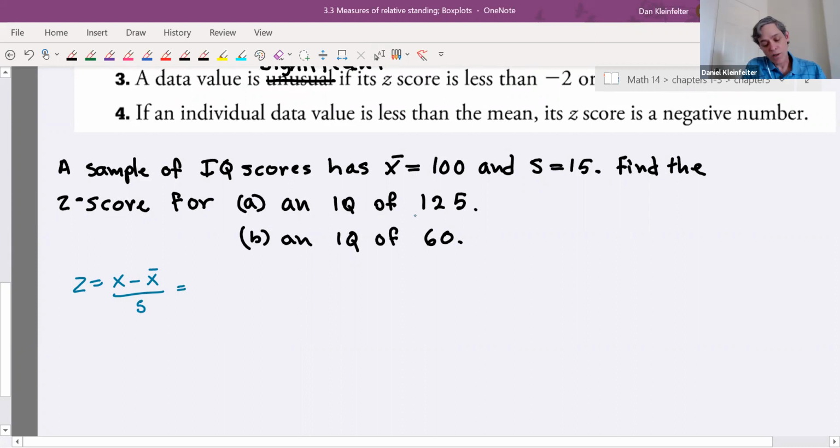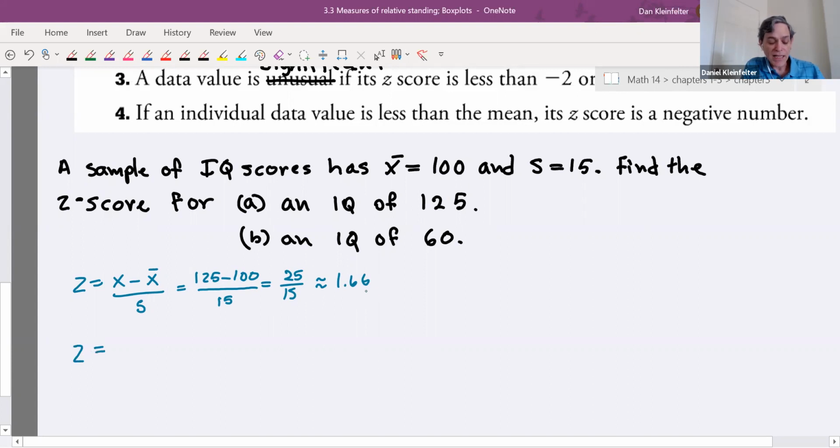So here our score is 125, and then the mean was 100, and then we're going to divide that by the standard deviation, which was 15. Okay, so we have 25 over 15, and that's 5/3, which is about 1.66. Okay, so there's our z-score for an IQ of 125.